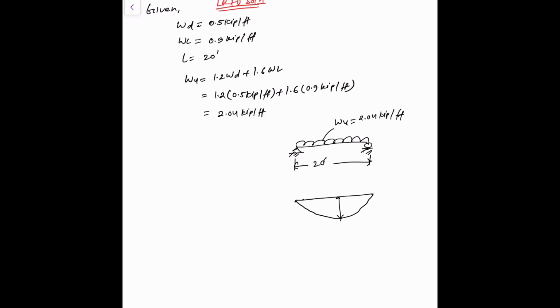Our bending moment diagram is going to be like this. This is our maximum moment, which is W L squared divided by 8.